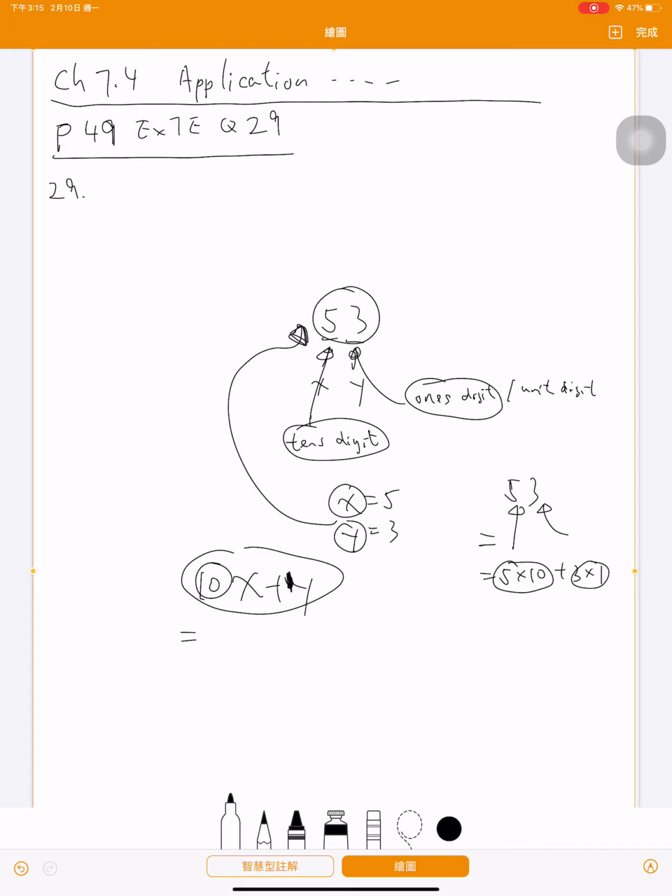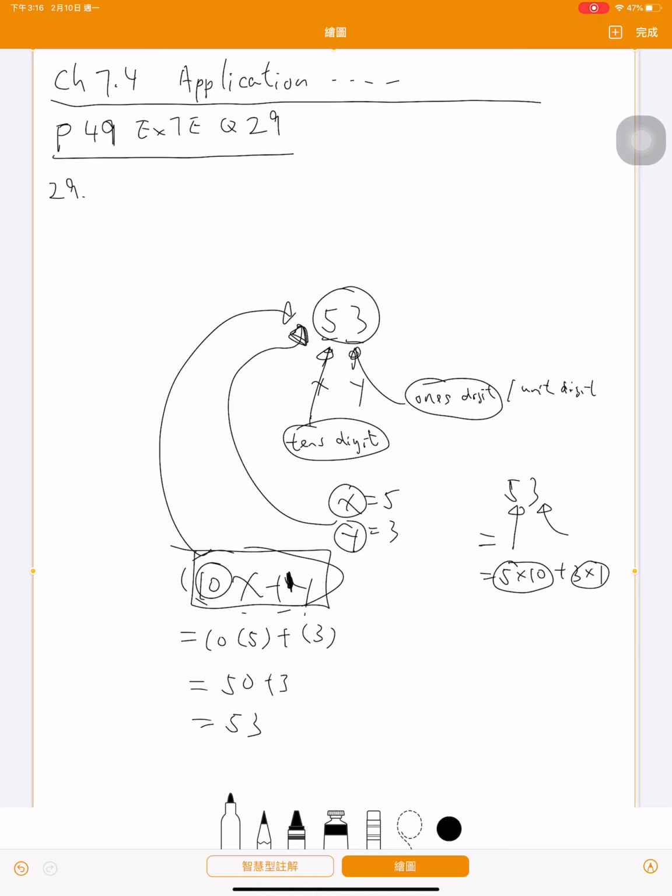So for example, 10x plus y here is 10 times 5 plus 3. Then we get 50 plus 3, and then we get 53, right? Do you know what I mean? We may use 10x plus y to talk about a two-digit number.